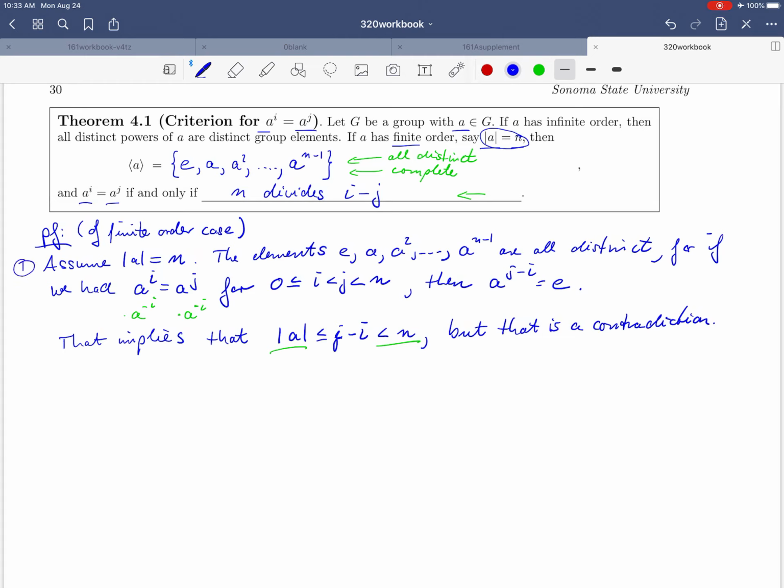So this was like the first little piece. The second little piece is, does my cyclic group generated by A capture everything? So does it give me all my powers?